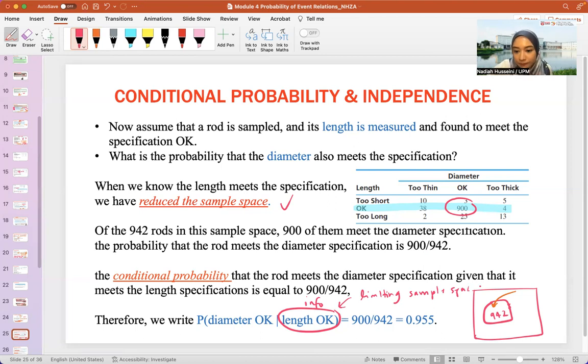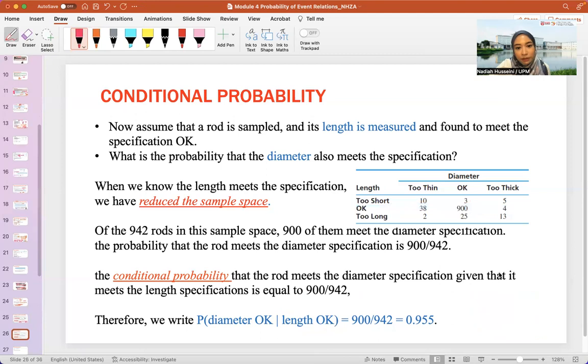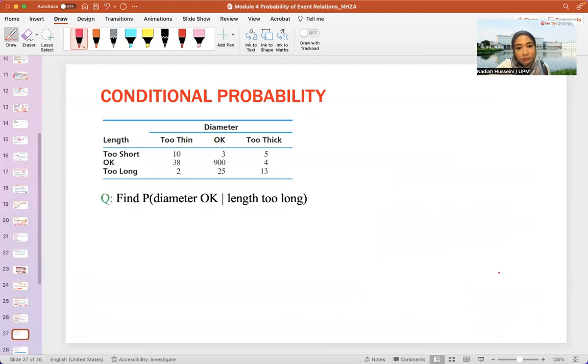Okay, sample space. So let's take a look at an example. Conditional probability, find the probability of diameter okay or length too long. What is the info that I have here that I have to base this probability off to reduce the sample space?